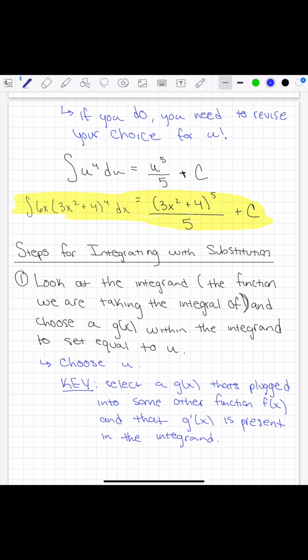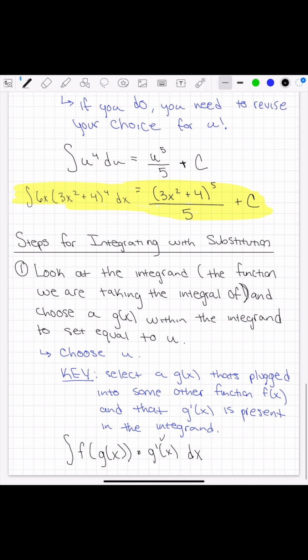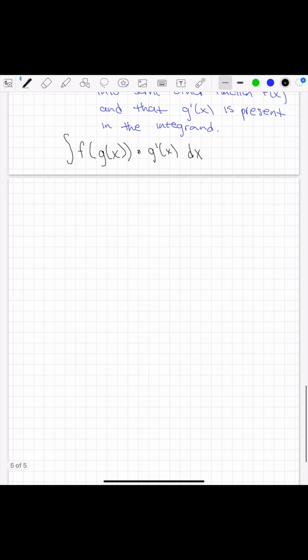Basically, you want to figure out how your integrand fits the left-sided notation of the U-substitution definition. So you want to choose a g where you see it's inside of f, and also that g prime is in your integrand.